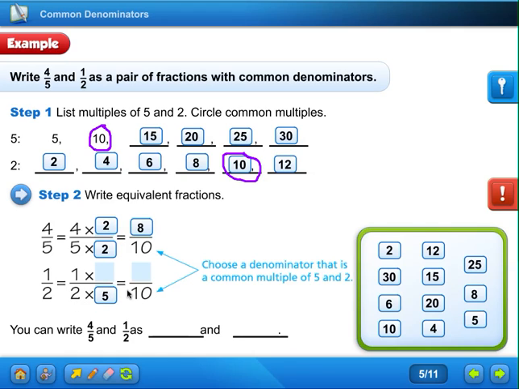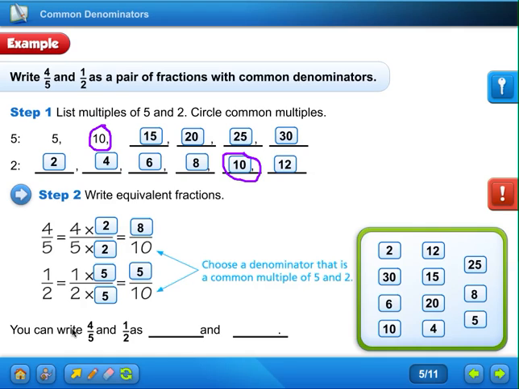Now you have to say, whatever you do in the bottom, you have to do to the top. Or whatever you do to the top, you have to do to the bottom. So if I multiplied the bottom by 5, I have to multiply the top by 5. 1 times 5 equals 5. Nice job.